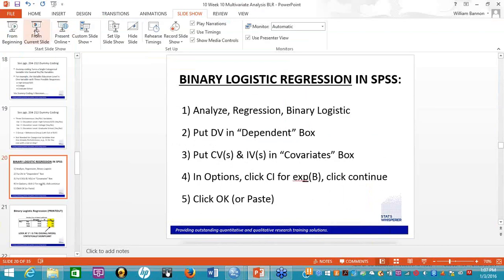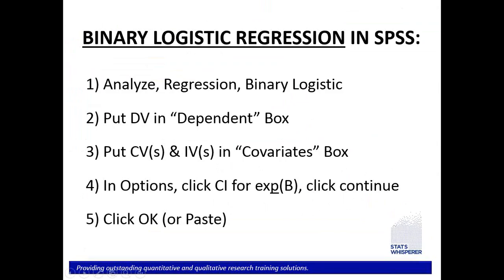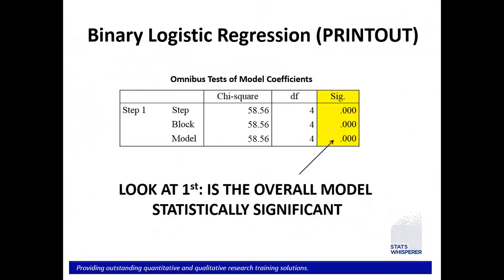So let us see our output for our binary logistic regression. So the first box you'll notice, a few boxes down in the output, is labeled omnibus tests of model coefficients. Now you look at this first because this indicates if the overall statistical model is statistically significant.